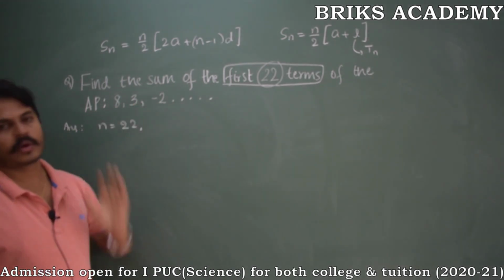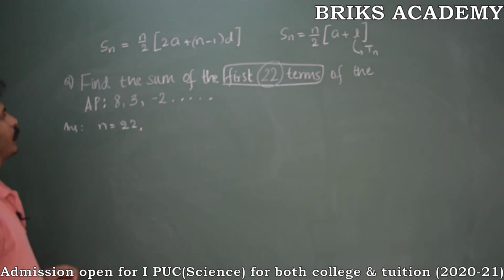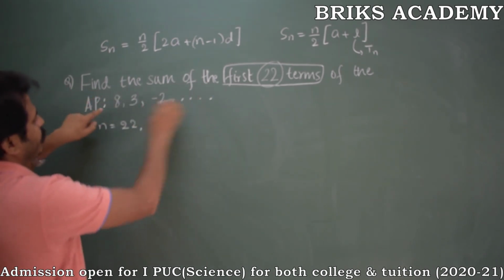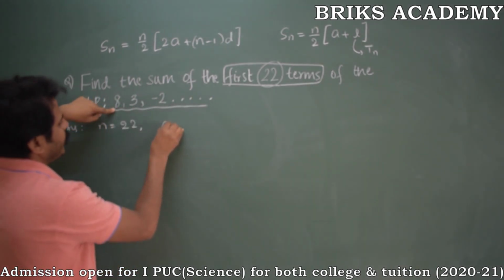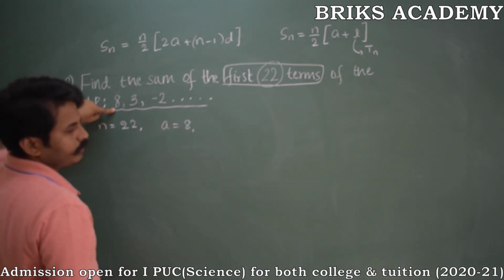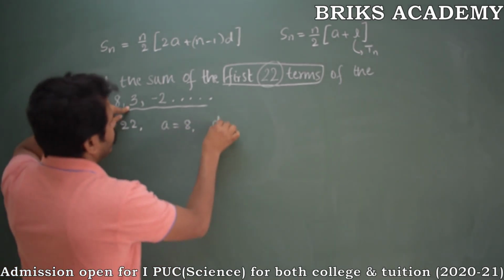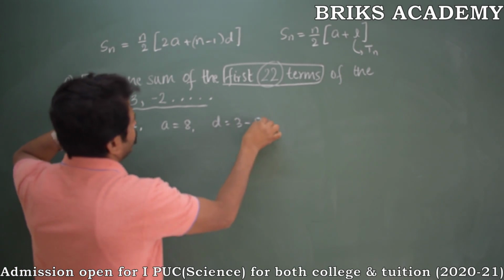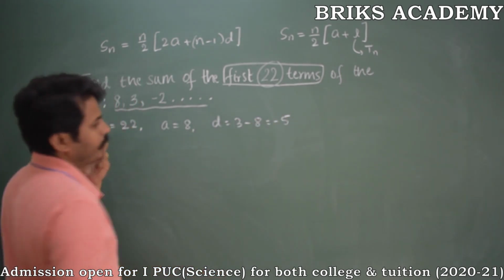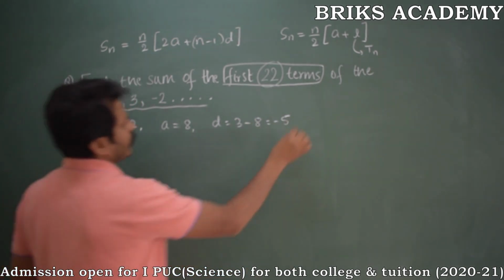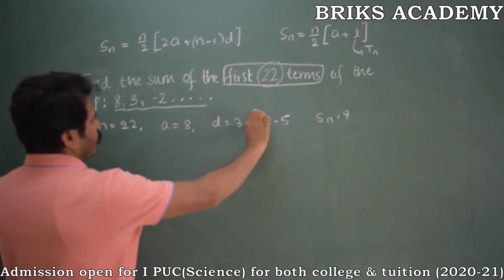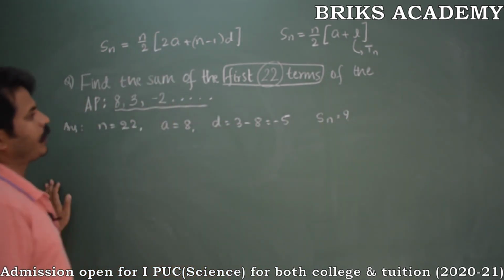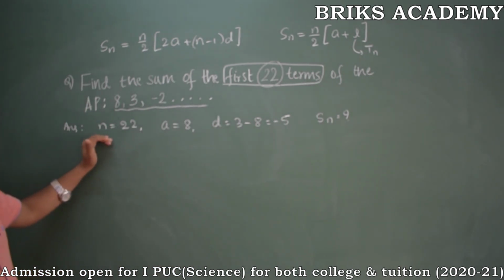When you read the problem, you have to write the data, whatever they have given. Observe the next of this AP, whatever all the data we can collect. I can collect a, that is the first term. I can collect d, that is a term minus its previous term, that is minus 5. What do they ask you to calculate? Sn. See the terms whatever I know and the appropriate formula which matches with this data.